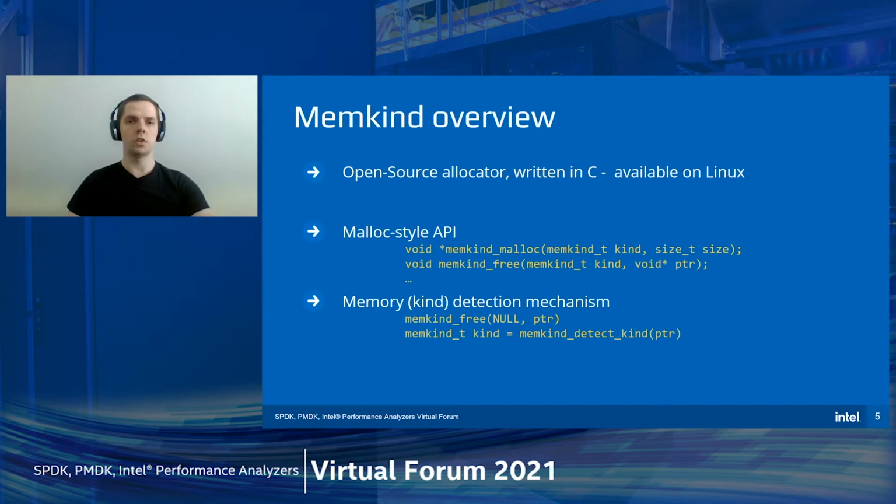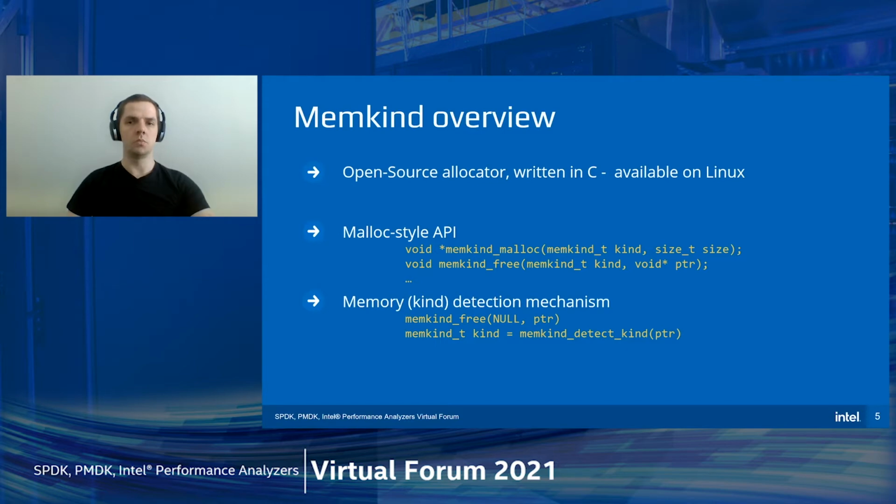Memkind internally tracks the kind of a given object from the allocation metadata. In other words, you don't have to remember from which medium you got your memory and keep extra metadata in your application. Memkind will handle detecting the correct memory kind for you. This feature is presented on the slide as passing a null pointer in the place of memory kind in the freeing memory operation.